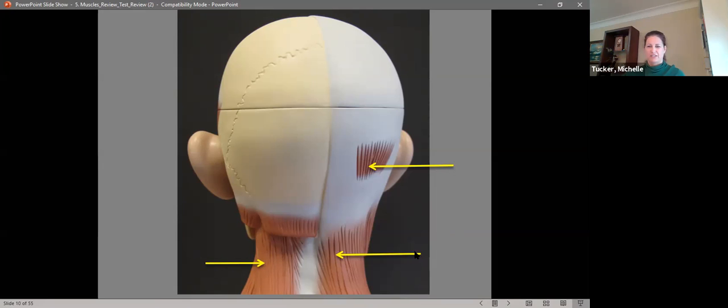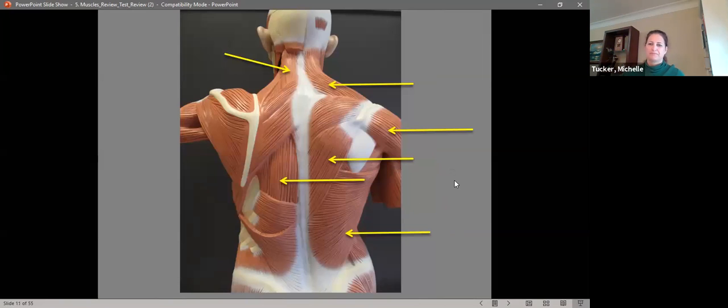That one's here. And then if you cut it away and you go to the deep side, you're going to have splenius capitis underneath. So splenius capitis is deep to trapezius. Okay, so go ahead and identify trapezius on this one, since we just did that.